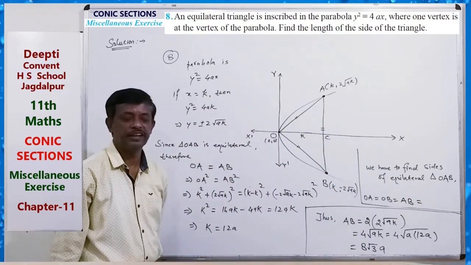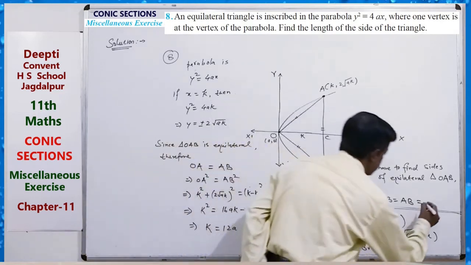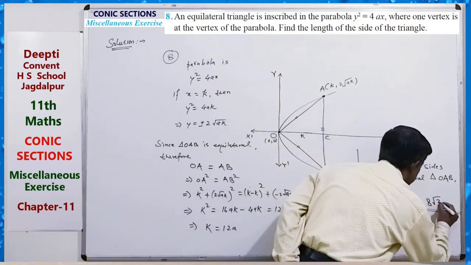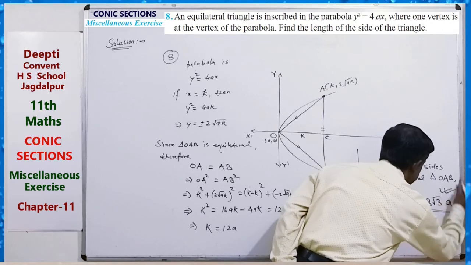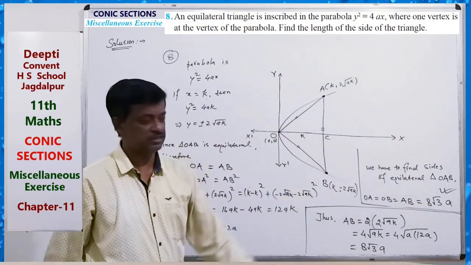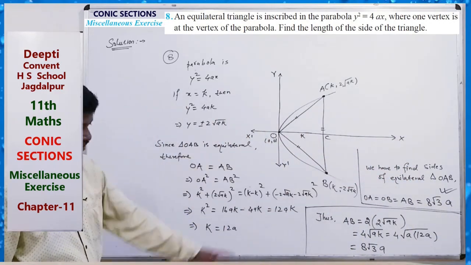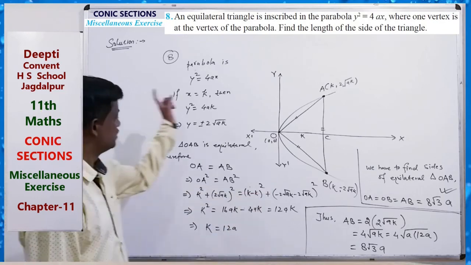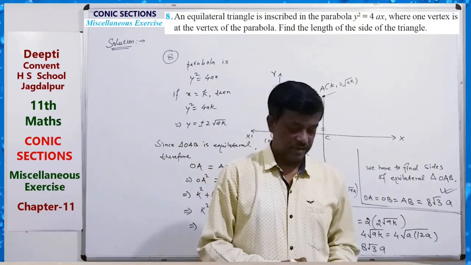So 8 root 3a is the value. This is the answer. All sides are equal because it is an equilateral triangle. Okay, so 8 root 3a is the answer to this question.